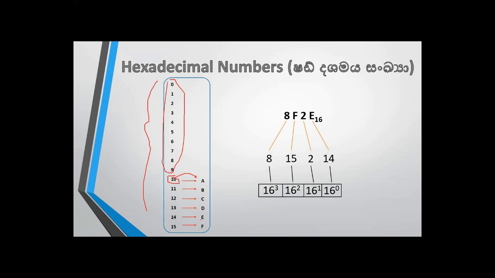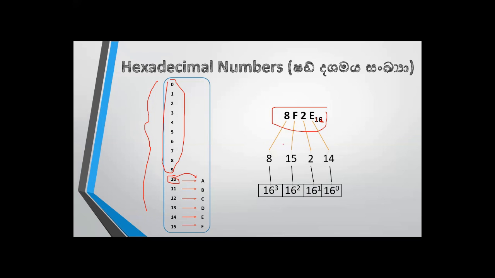So up to F, we can represent a number. Here I have included an example of how hexadecimal numbers look. Here you can see it's 8F2E. It's a hexadecimal value, and we can include the base as 16 to mention that this is a hexadecimal number.